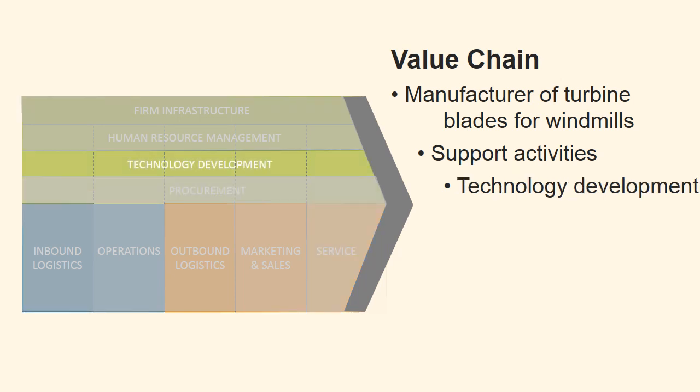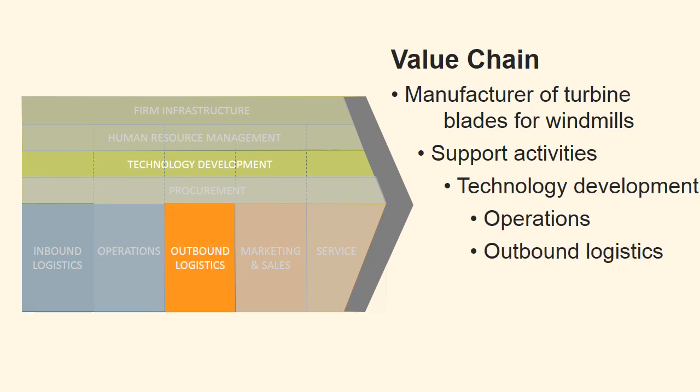Support activity technology development has probably been helpful by calculating the need for raw materials for the blade in operations. Plans for when the individual blades are delivered in outbound logistics, and when the surface has to be maintained in service, are probably part of the support from technology development.